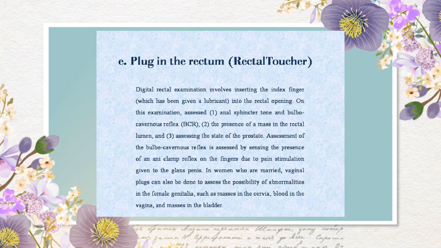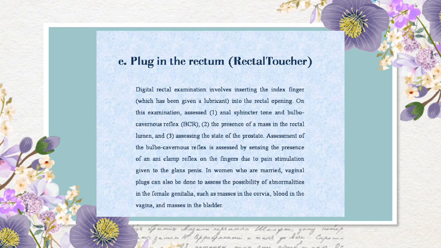In women who are married, vaginal toucher can also be done to assess the possibility of abnormalities in the female genitalia, such as masses in the cervix, blood in the vagina, and masses in the bladder.